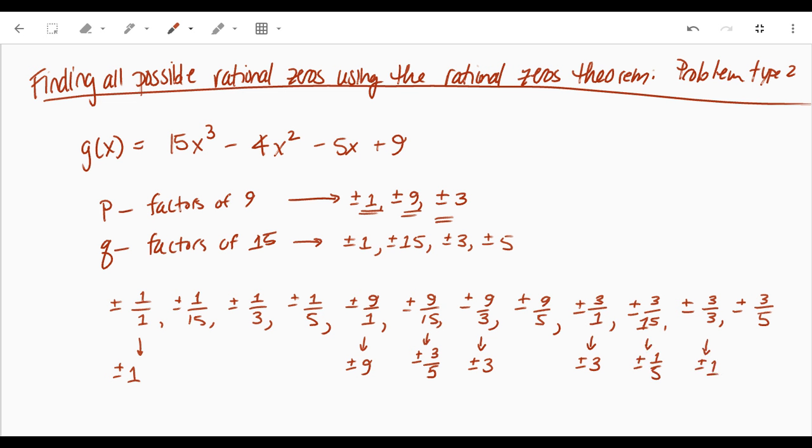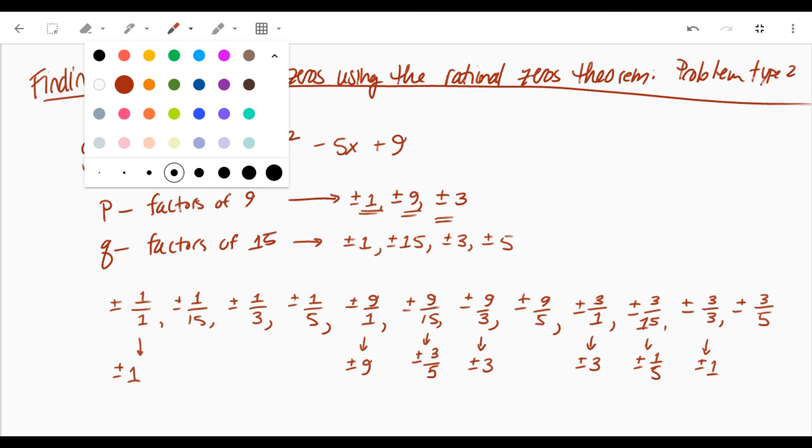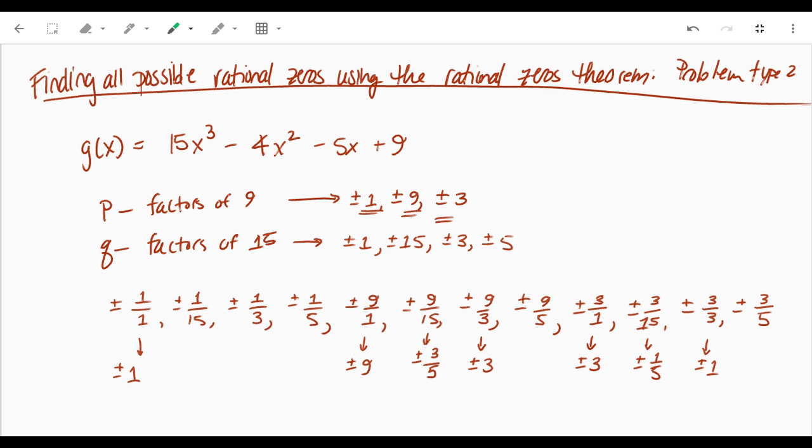Okay, use a different color here so we can eliminate any repeats. So we have positive negative 1, so we're going to eliminate this guy. Positive negative 15, I don't see anywhere else. Positive negative 1/3, I don't believe I see anywhere else. Positive negative 1/5, I'm going to eliminate that guy.